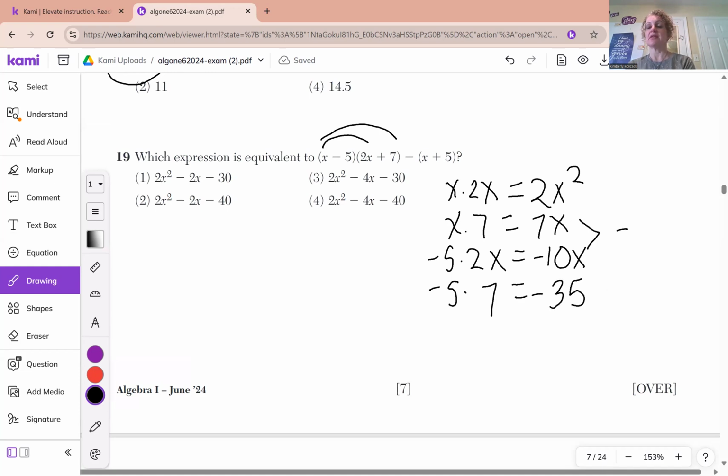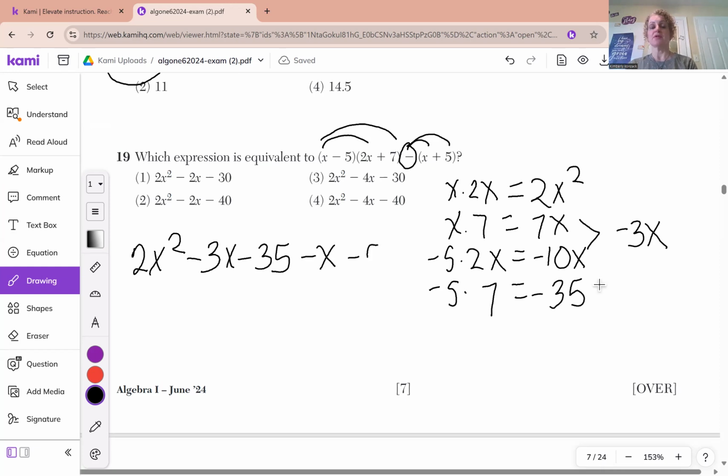This comes out to be negative 3x. So we get 2x squared minus 3x minus 35. Remember to switch signs when you're distributing that negative. So you get negative x minus 5. So 2x squared minus 4x. So take this out and this out. And then negative 35 minus 5 is negative 40.